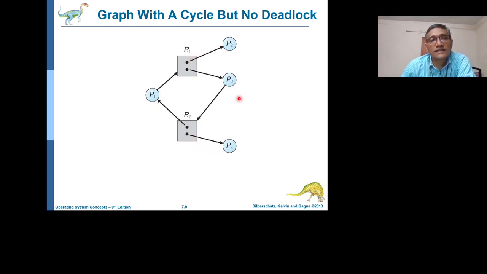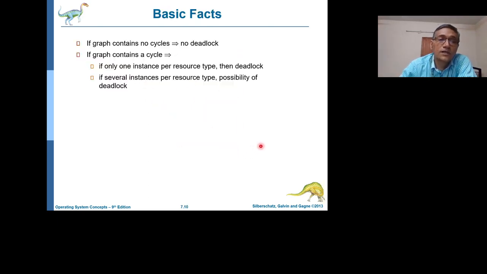But not all cases are like the previous example; even with multiple instances of a resource type, there may be a possibility of deadlock.